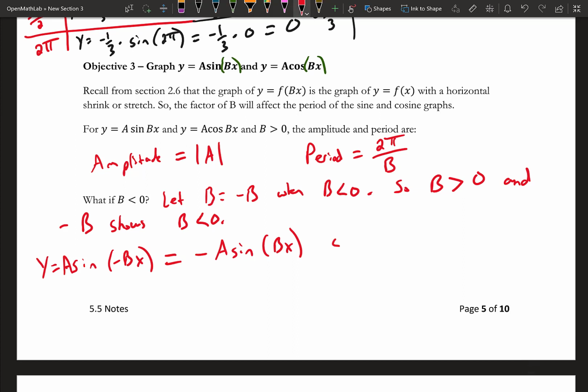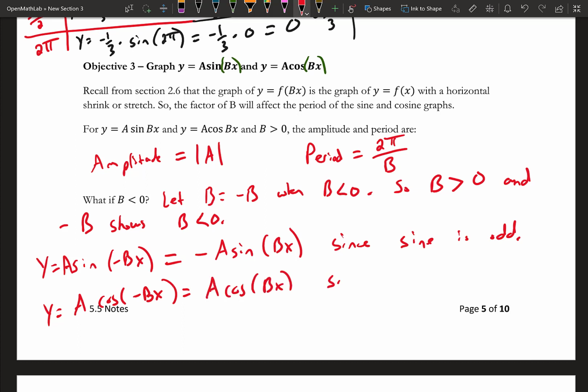So this is since sine is odd, right? But if we look at a cosine of negative bx, this would give me just a cosine of bx, since cosine is even, right? So cosine of negative bx is just the same thing as cosine of bx.